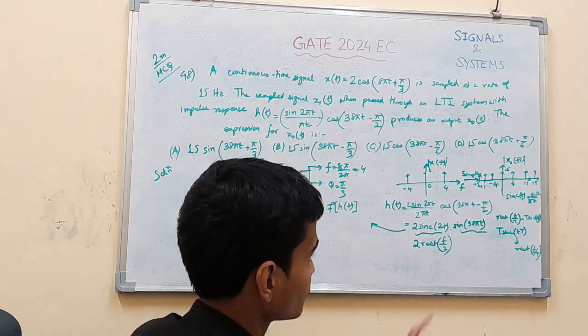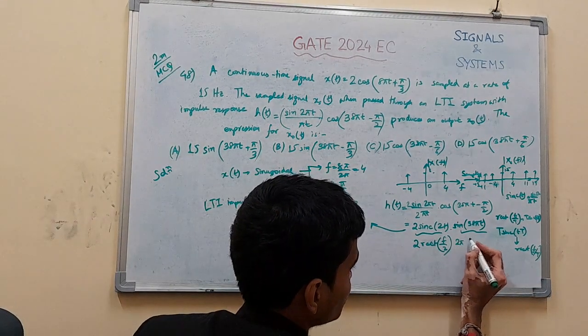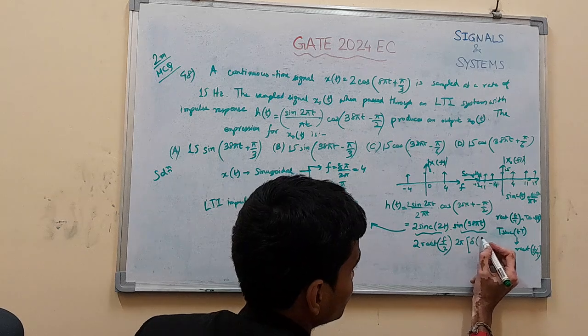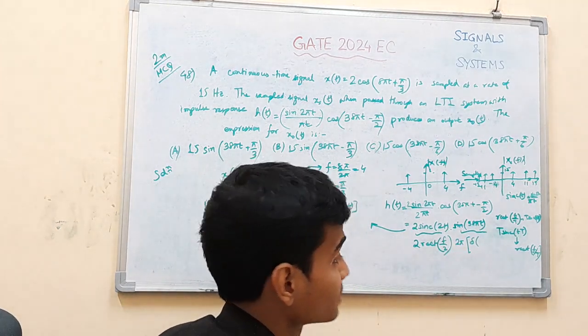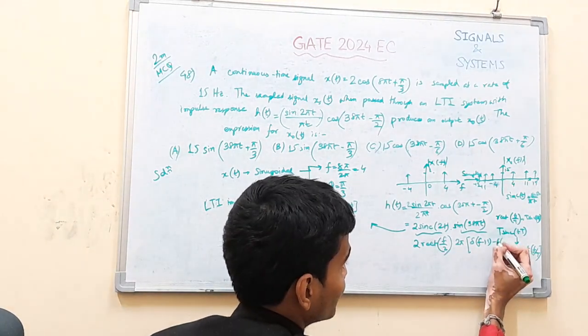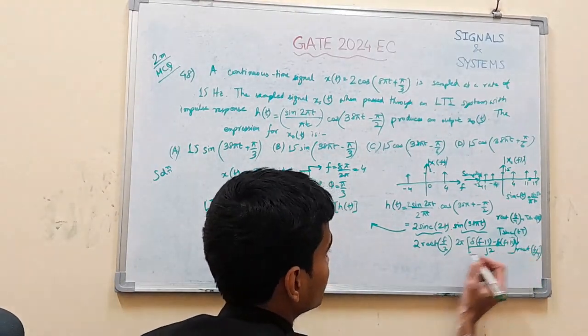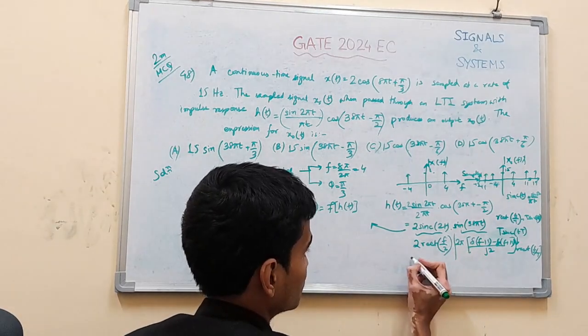And the transform of this, we have a special case, which is 2 pi times delta of f minus 38 pi by 2 pi, that is 19, minus delta of f plus 19, divided by j2. Okay.